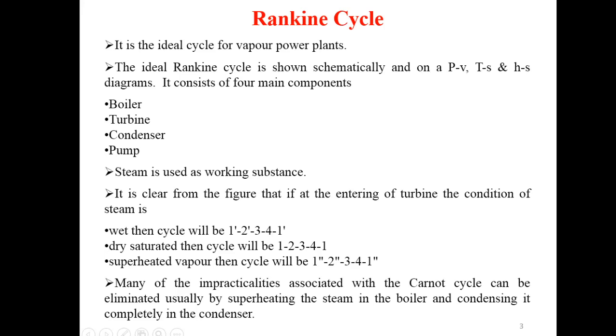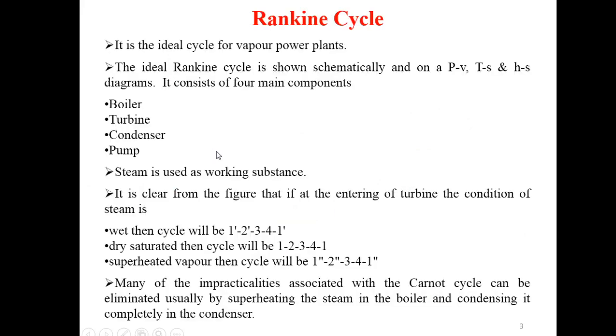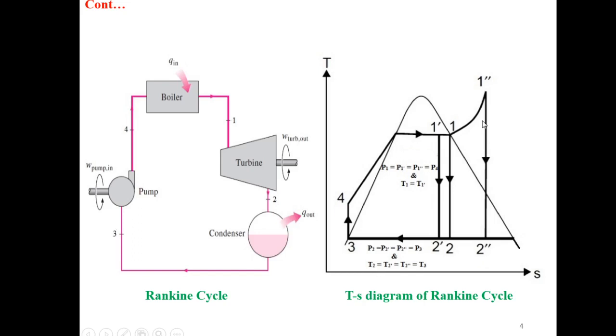It is clear from the figure that if at the entry of turbine the condition of the steam is wet, that is point 1 dash, then the cycle followed will be 1 dash 2 dash 3 4 1 dash.